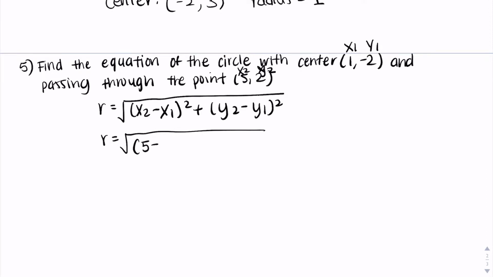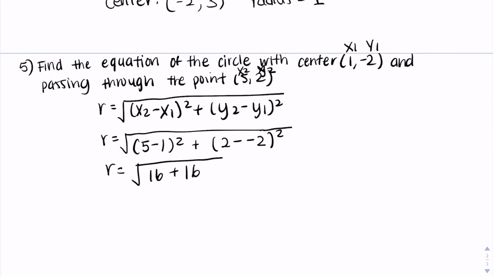So you do 5 minus 1 squared plus y2 is 2 and y1 is -2. So just be careful with the sign here. So you get 4 squared is 16. And then you do 2 minus -2 is 4. So 4 squared is 16. And then when you simplify it, it becomes this.